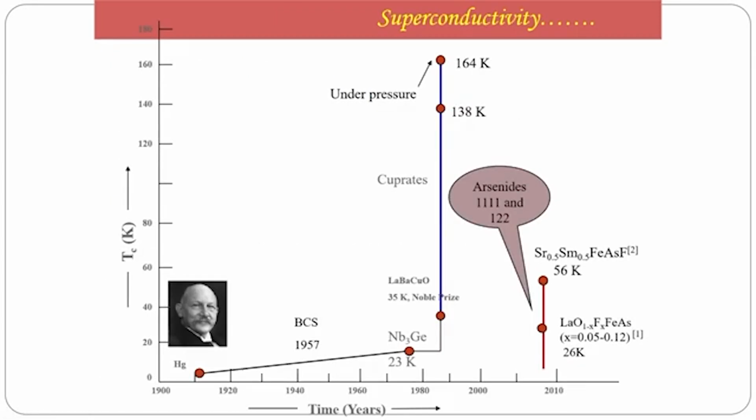To tell you a bit about the discovery of superconductivity, it started in 1908 with about 4.2 Kelvin, then by about 1977 it is about 23 Kelvin. In 1986 there was a sudden surge and it went up to 164, even close to 170 Kelvin under pressure. So there the cuprates etc. lie.